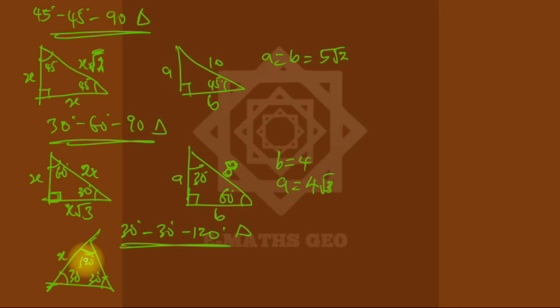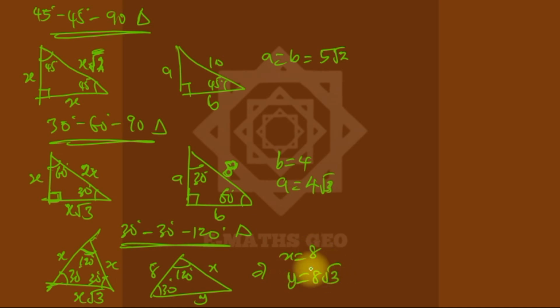The sides opposite the base angles are the same, while the one opposite 120 degrees will be x times root 3. So assuming you have this 120 degrees, this 30, and you have 8 here, and you're asked to find x and y, without wasting time, x will be 8 also, y will be 8 times root 3. So with that, let's go back to the question and solve.